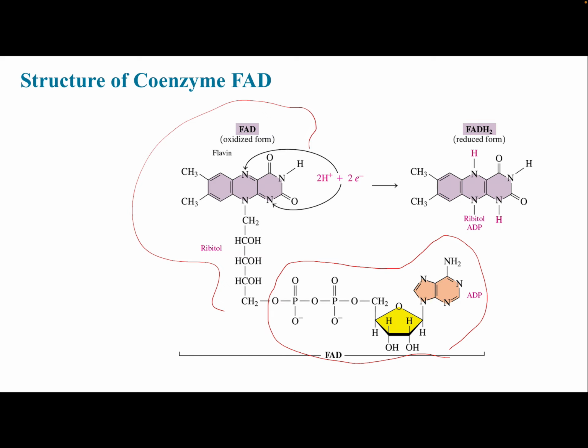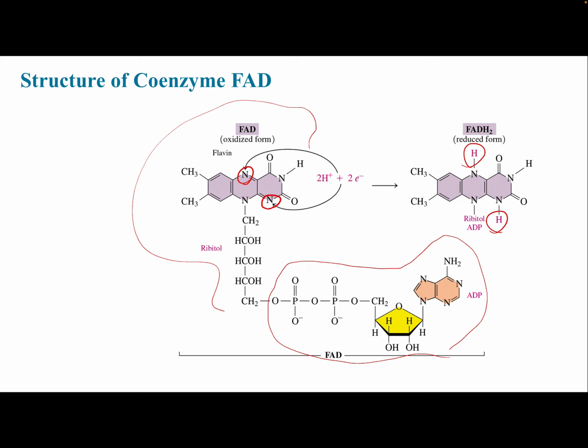Now, when this thing undergoes the reduction, 2 nitrogen atoms in the flavin part of the FAD coenzyme, they're probably highlighted here. These 2 react with some hydrogen atoms and electrons and become reduced. So they gain hydrogens.